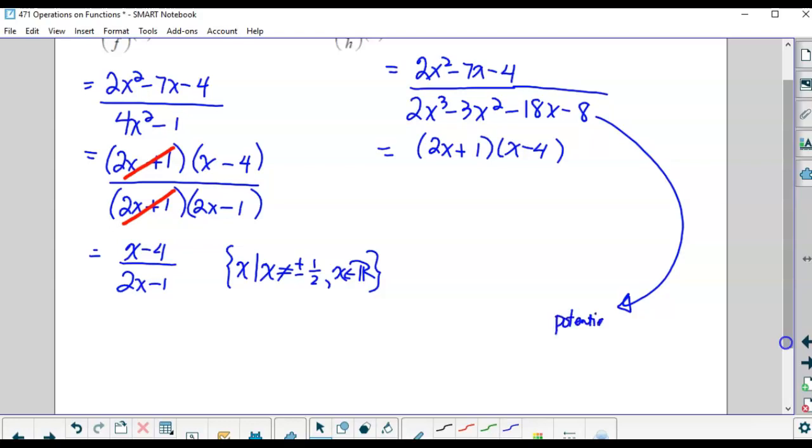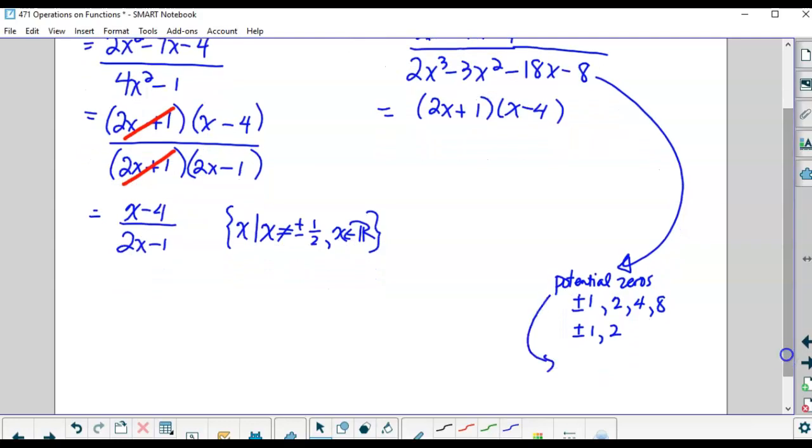Potential zeros would be plus or minus. So if we look at the rationals, let's look at 1, 2, 4, 8, and then we've got to divide by plus or minus 1, 2.